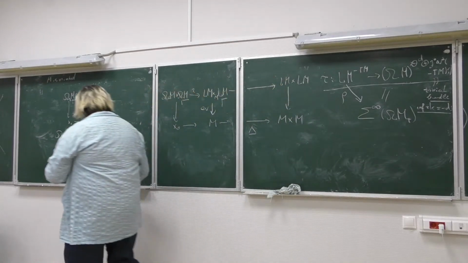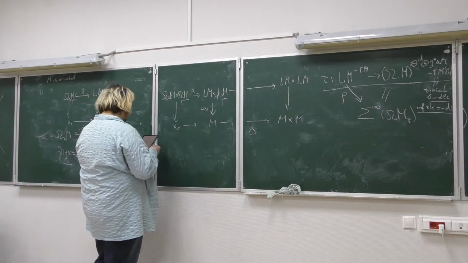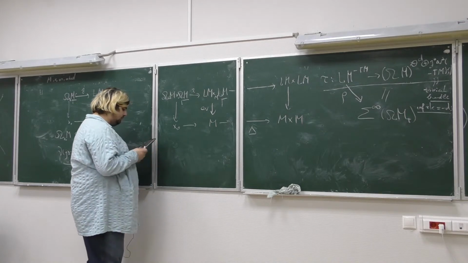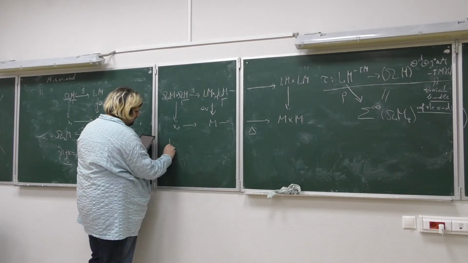Okay, so we get a composition of Pontryagin-Thom maps, which looks like this.